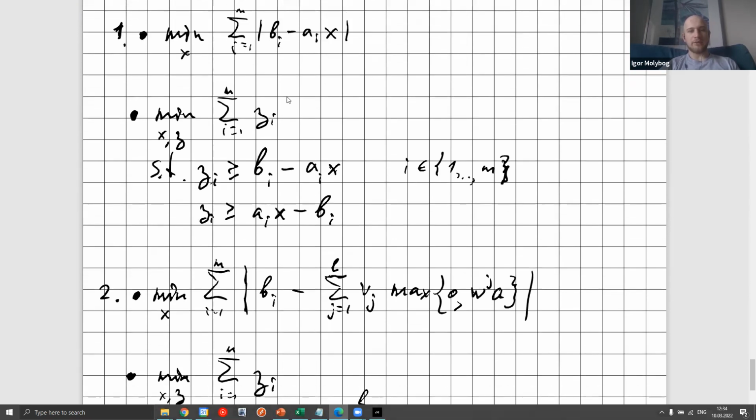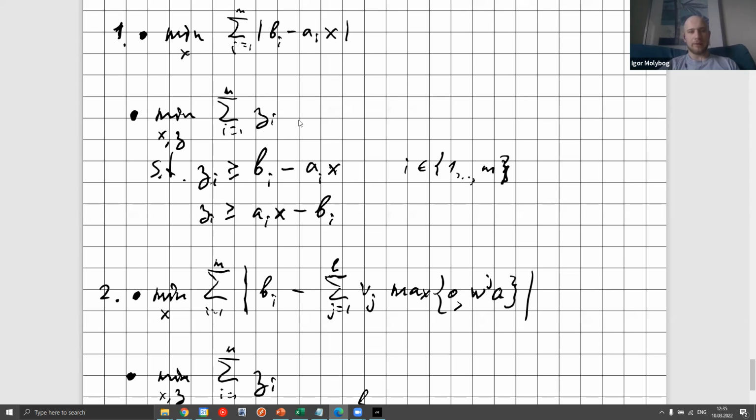So after we have done that, we can rewrite that as couples of inequalities, and we are having 2m inequalities in total, and we still have this linear function that depends on z_i, and z_i appears in the constraints in linear form.